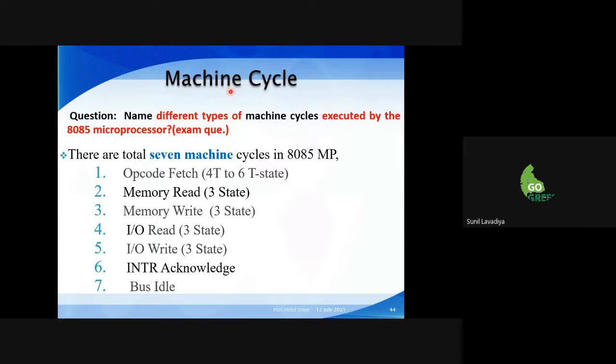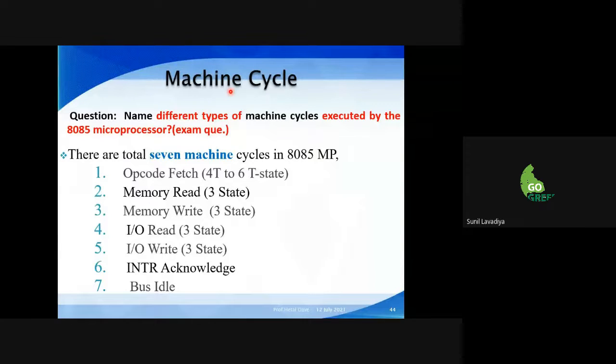Okay. Now the question is whether all the machine cycles are used. It depends upon your program. If you want to work only with simple data transfer, then specific ones are used. If you work only with memory, not with input output, then the IO machine cycle is not used.